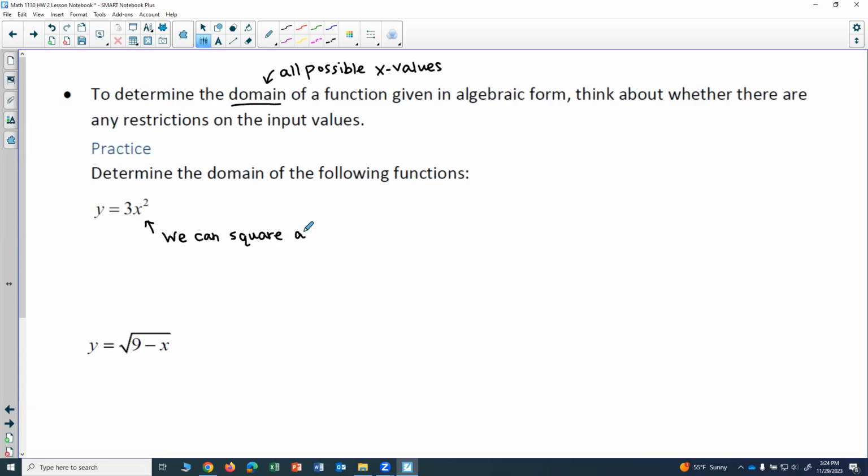We can square any number. In other words, x can be any number. And if x can be any number, then the domain is all real numbers.